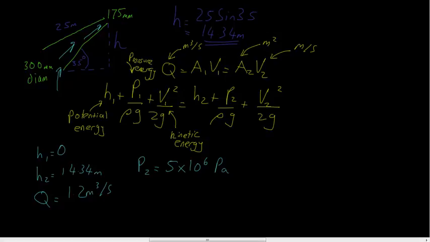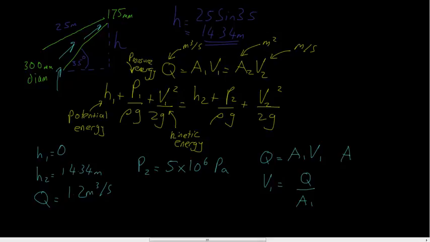Okay, so we've got the diameters at each end of the pipe, so we can work out the areas. If we work out these two areas, we can find the two velocities, which we then need to put into Bernoulli's. So using Q is equal to A1 V1, V1 is going to be equal to Q over A1.